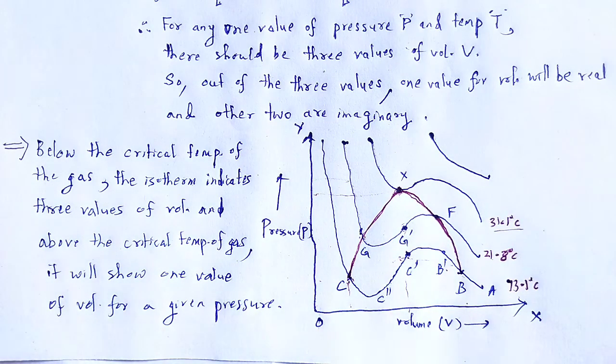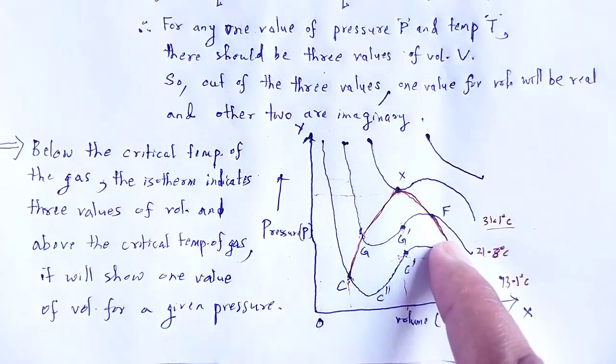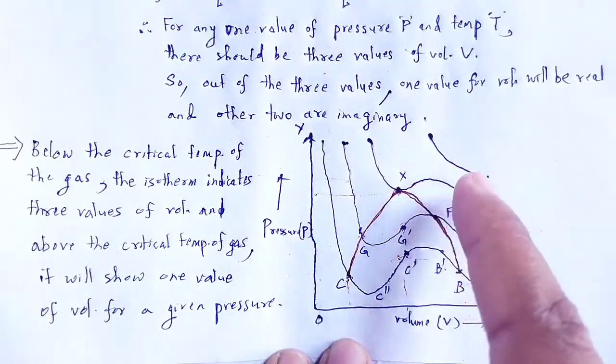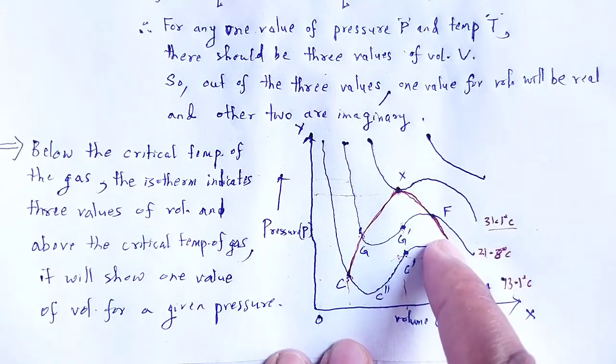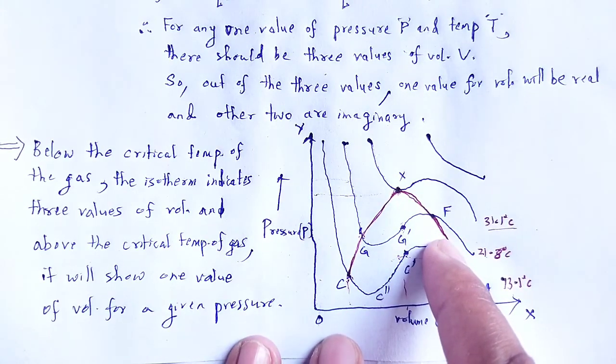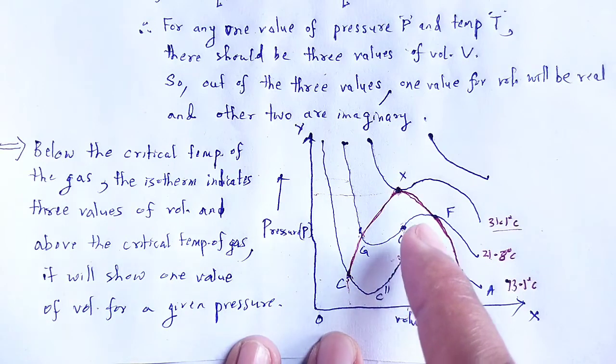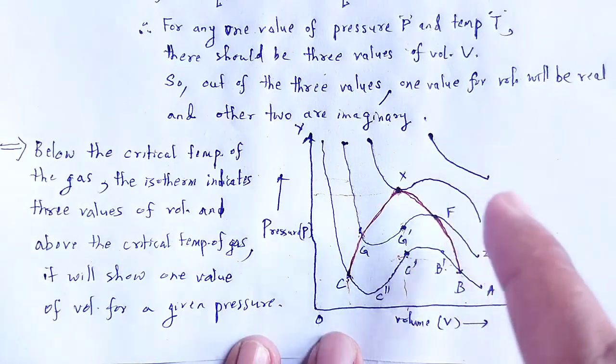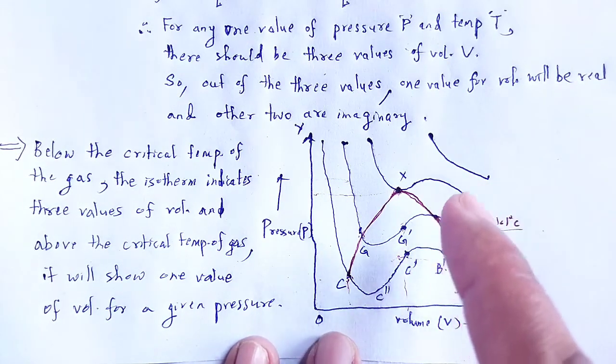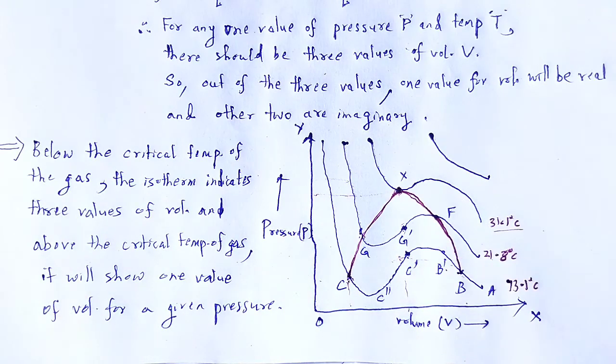In the VanderWaal's experiments on carbon dioxide, as we draw the same graph between pressure and volume, we get the horizontal lines, but here the horizontal lines are absent, meaning it does not agree with the experimental isotherms obtained for carbon dioxide gas.